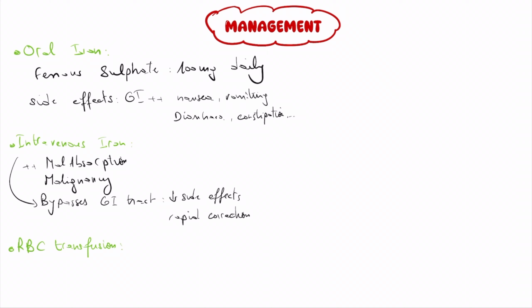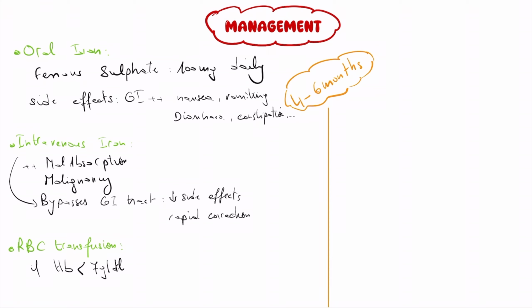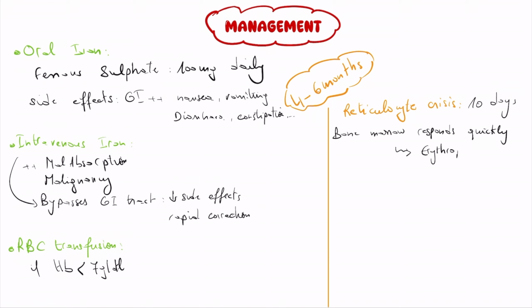Red blood cell transfusions if you have severe anemia, meaning hemoglobin of lower than 7 gram per deciliter. Treatment should be maintained for 4 to 6 months. You're going to have reticulocyte crisis after 10 days, as the bone marrow is going to respond quickly, so you'll have an increase in erythropoiesis. Hemoglobin will rise and become normal within 6 till 8 weeks.